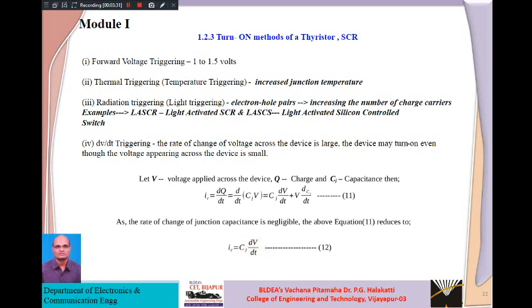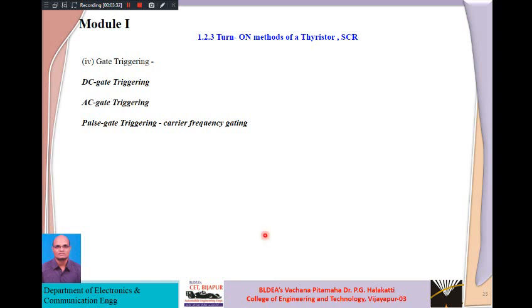In a similar aspect, we also went through the different variations of gate triggering techniques. If we go on increasing the magnitude of gate signal, current or voltage, we are capable of triggering or turning on the SCR from blocking to conduction mode well in advance, before we reach the breakover voltage.